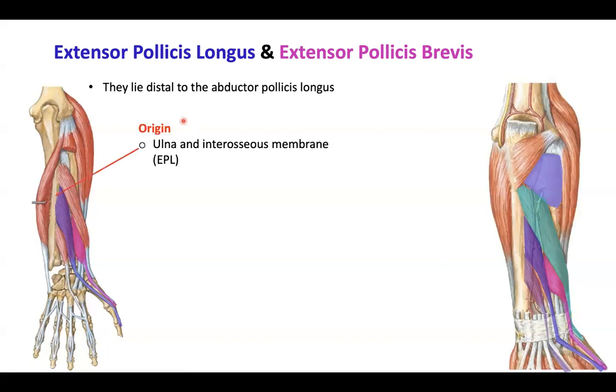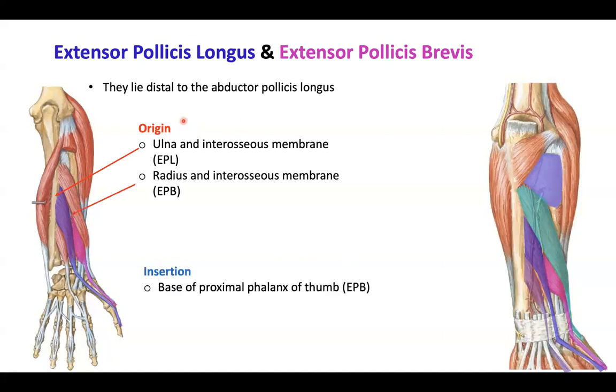So when we see their origin, longus originates from ulna and from the adjacent interosseous membrane. Brevis originates from radius and from the adjacent interosseous membrane. Brevis, as the name indicates, short.